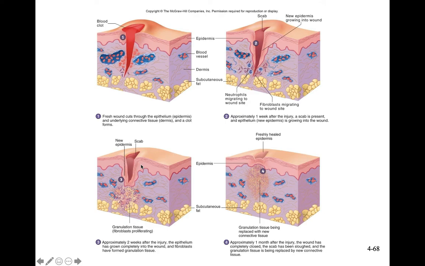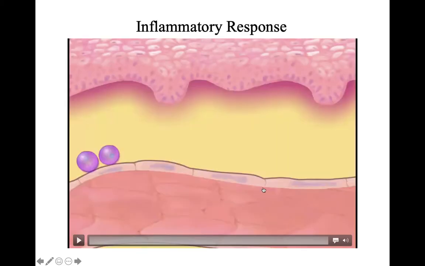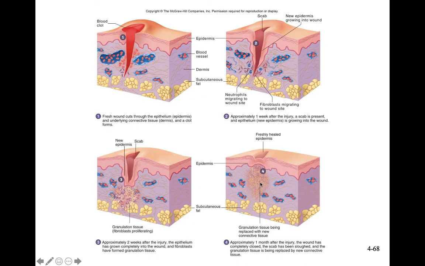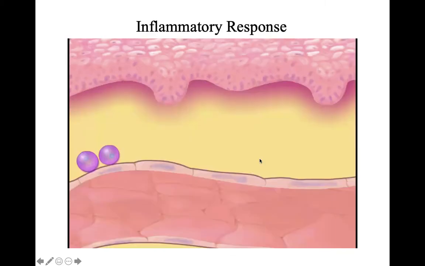But if we don't touch it, the skin will tend to continue to proliferate, that stratified squamous, and eventually we replicate that same skin across the top, but we have a dense layer of this granulation tissue. As the blood vessels are pushed out of this area, we'll end up with it turning from reddish to whitish, and that's where the underlying color of skin is returned to its original shape and form.